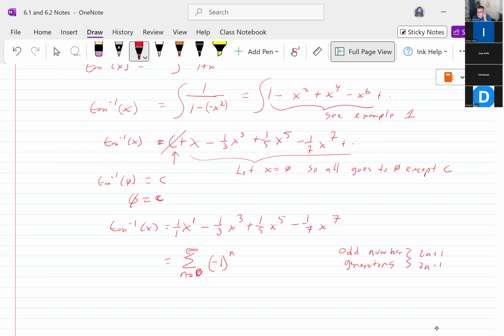If we start with n equals 1, we would want to use 2n minus 1. If we start with 0, we want to use 2n plus 1. So this is going to give me x to the 2n plus 1, all over 2n plus 1. And that is the power series for inverse tangent of x.